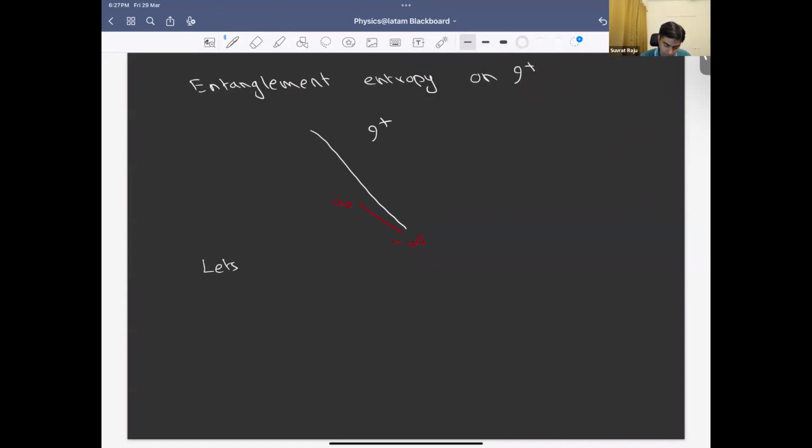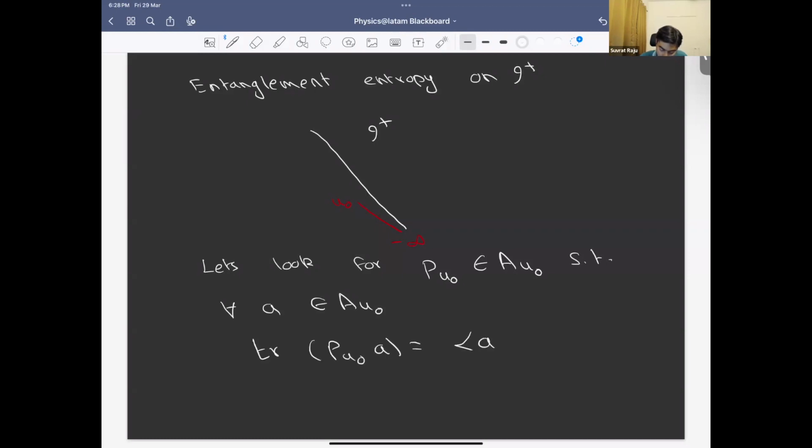Let's look for some rho u naught, which belongs to the algebra of operators up to u naught, such that for all a belonging to this algebra of operators up to u naught, these are the kinds of algebras I defined 2 lectures earlier, we have the property that trace of rho u naught a is equal to the expectation value of a in a state.